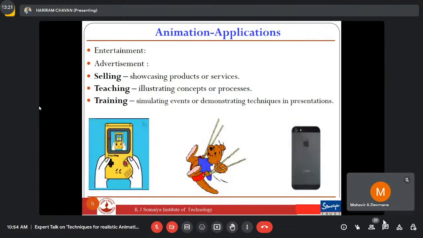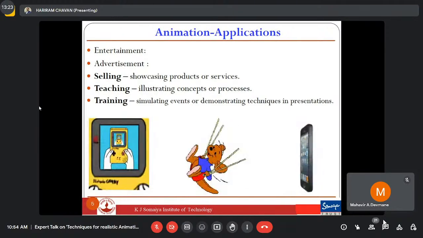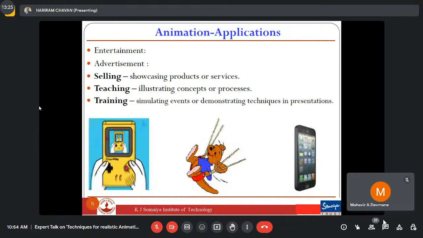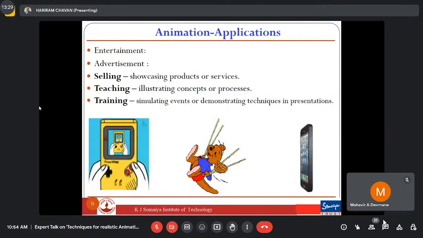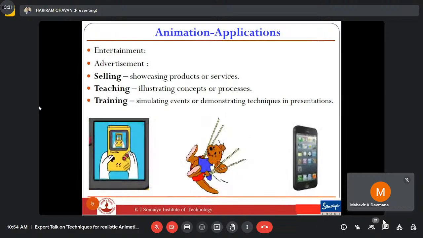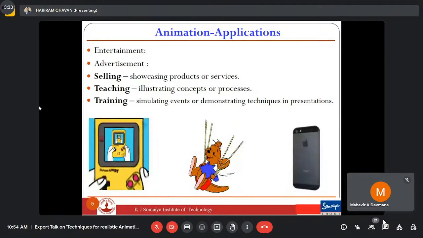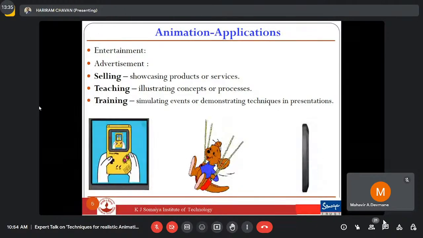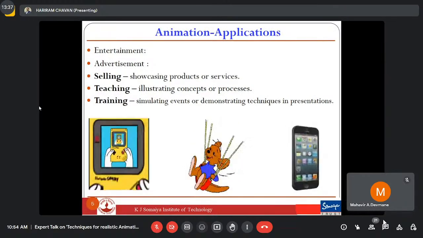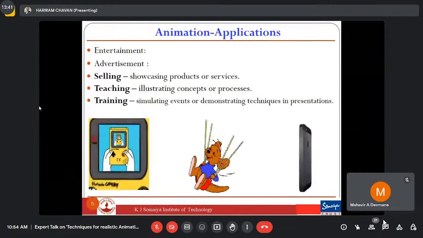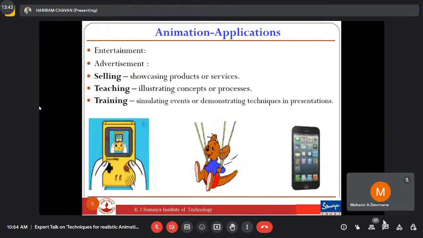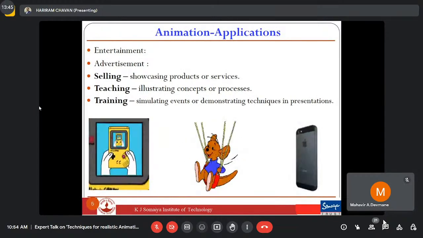That's why, for training of pilots, an airplane simulator was developed and used, and that was the need at that time. This is the basic requirement for simulation or animation, wherein you are creating the environment of the plane.